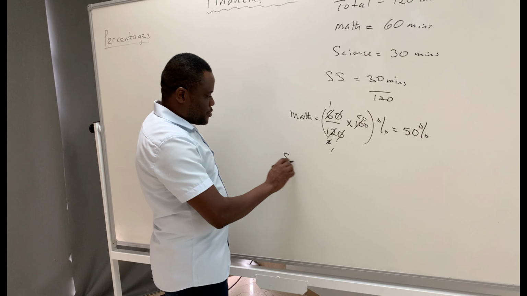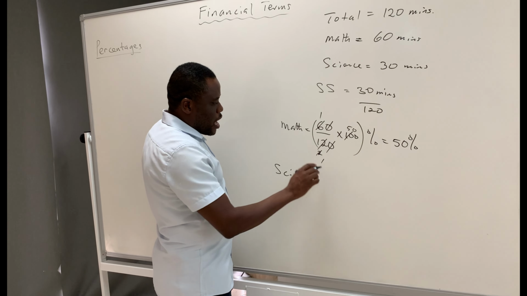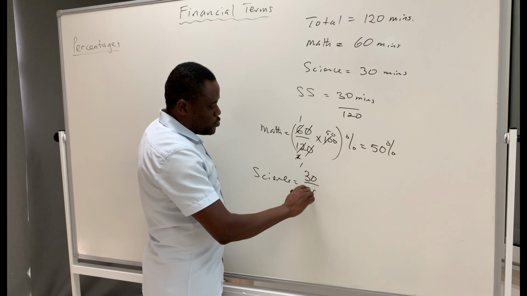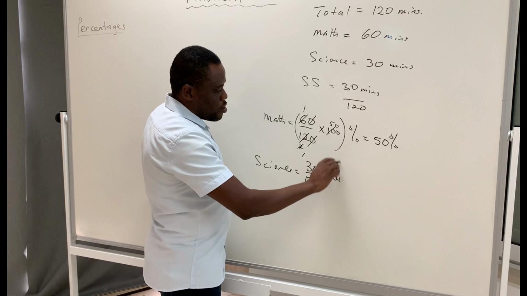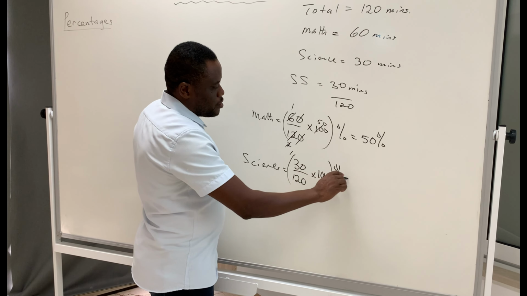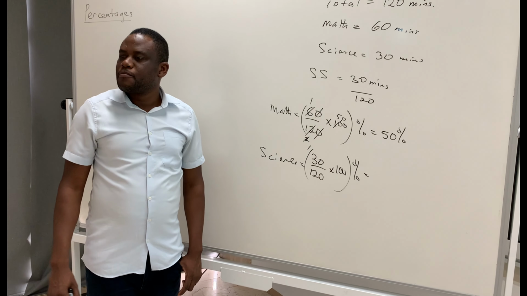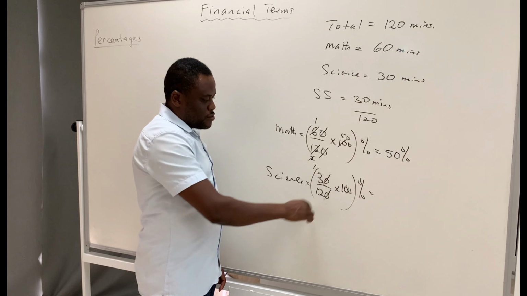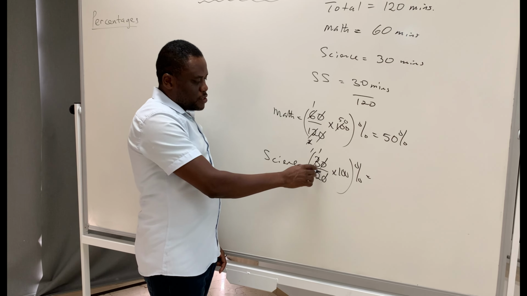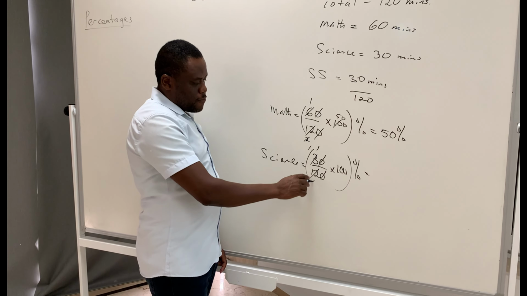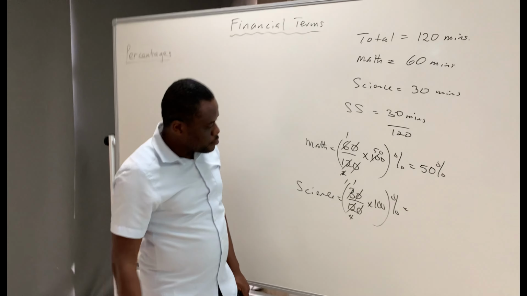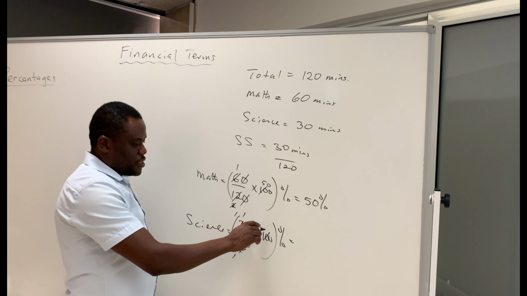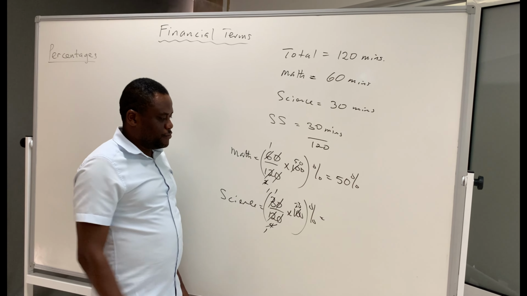For science, how many percent? That is 30 by the total number times 100%. Now, 0 cancels, this is 0. 3 goes here 1, 3 goes here 4. 4 goes here 1, 4 goes in 100, that is 25.